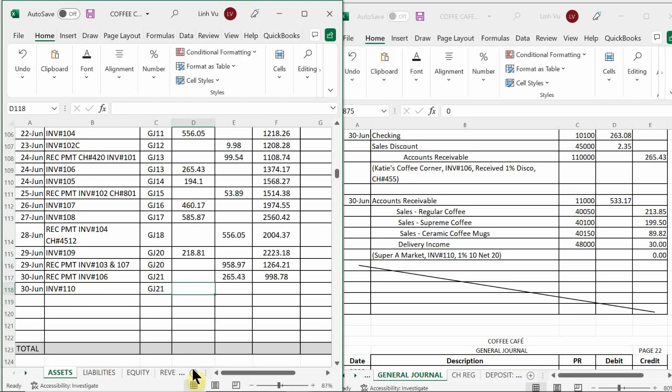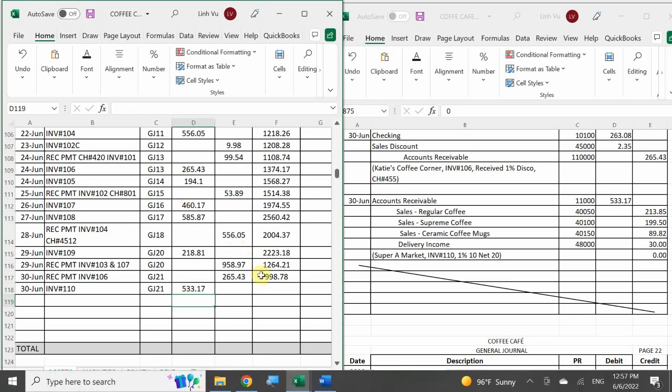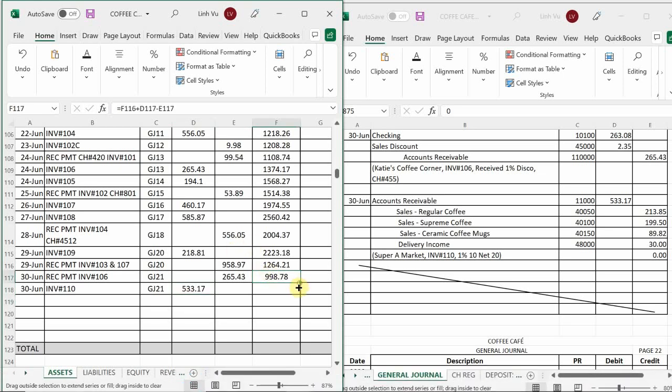That's going to increase our account by $533.17, and that's going to increase my total accounts receivable to give us a total of $1531.95.